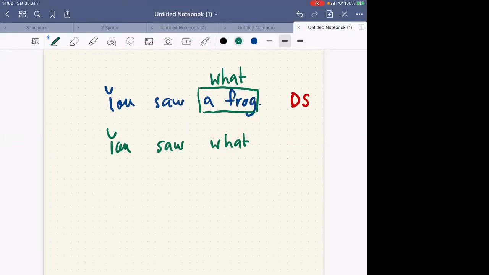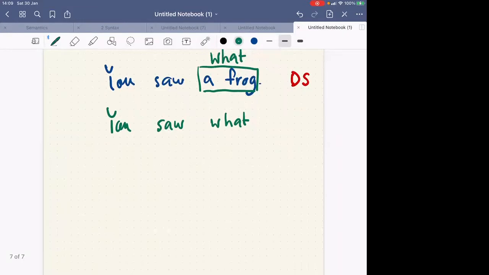But in English, when we ask a question, we usually use the sentence where the question word is in the front. So what happened is that we would first get the so-called do insertion. So we are going to insert the auxiliary verb do, but here, since this is in the past tense, as we can see from the verb saw, the do that we are going to insert would be turned into did.